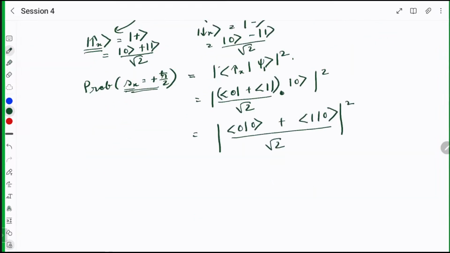Now this is 1 because again it is the component of the vector along itself, and this is, oh, my voice is breaking.